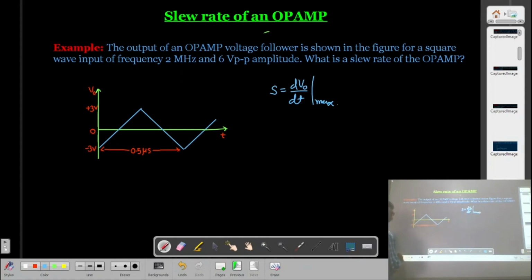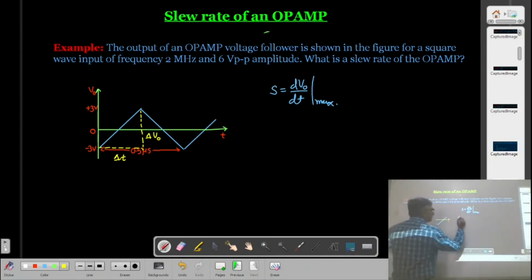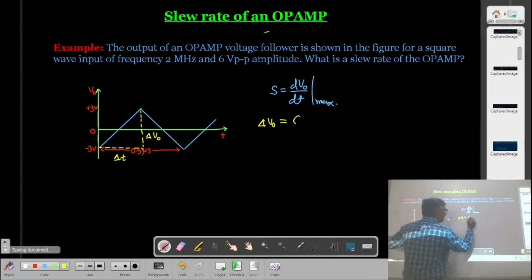So here if you find the slope, you can take this as delta Vo and this as delta T. So what is delta Vo? Delta Vo is from 3 volt to minus 3 volt, so it is 6 volt.